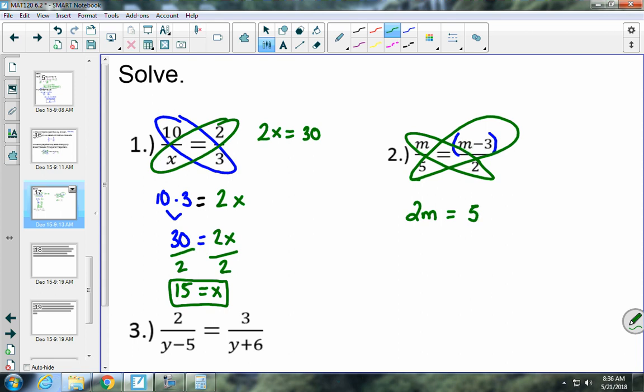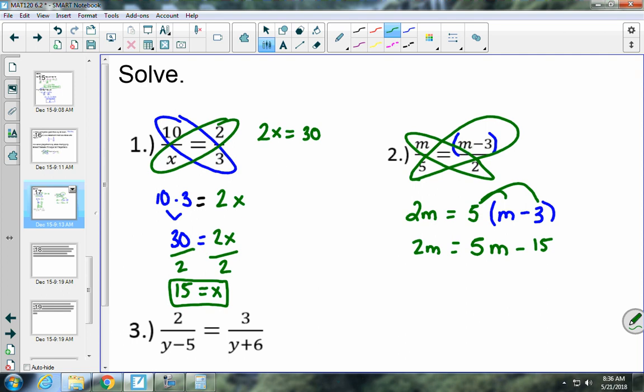So 5 times (m minus 3). So our first step in actually solving this equation needs to be to distribute that 5 to both terms. And if you don't have those parentheses in there, you'll forget about that and just do the 5 times the m.